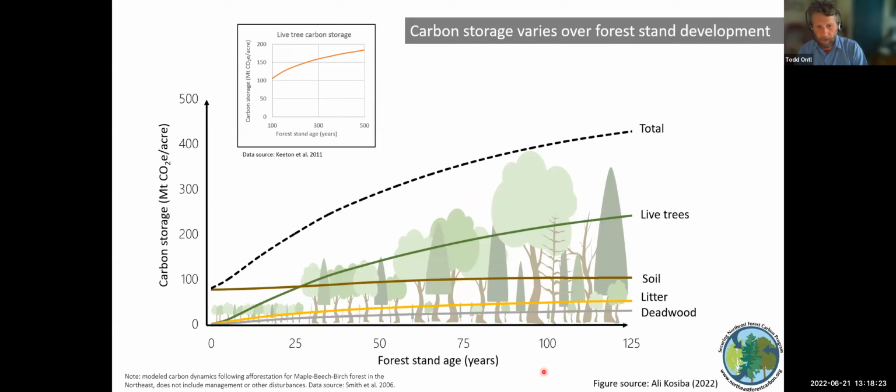And I want to give credit here to my colleague Ali Kosiba at the Vermont Department of Forests, Parks and Recreation, who created this figure as part of their Securing Northeast Forest Carbon program. Ali used data from a maple beech birch forest in the Northeast. So this would look different depending upon what region of the country you're in and what forest type you're interested in looking at.